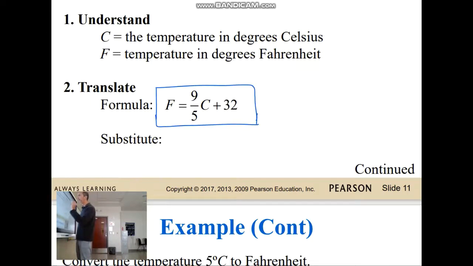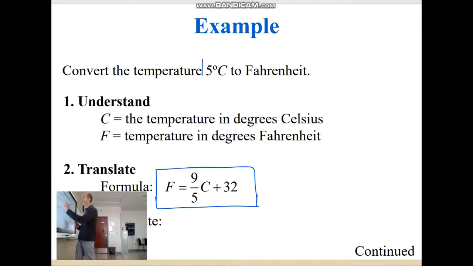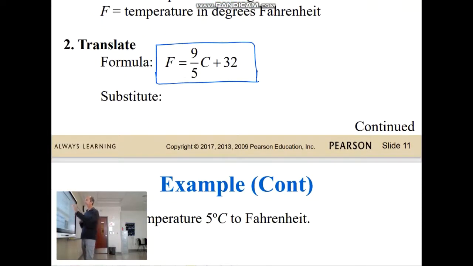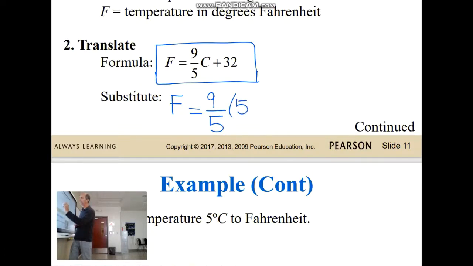We have to find the temperature in Fahrenheit, and we just need to substitute the value of the temperature in Celsius. So F equals 9 over 5 times C, and C is going to be 5 degrees Celsius, right? Plus 32.